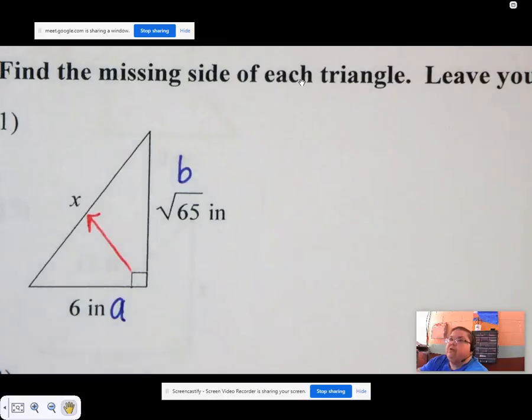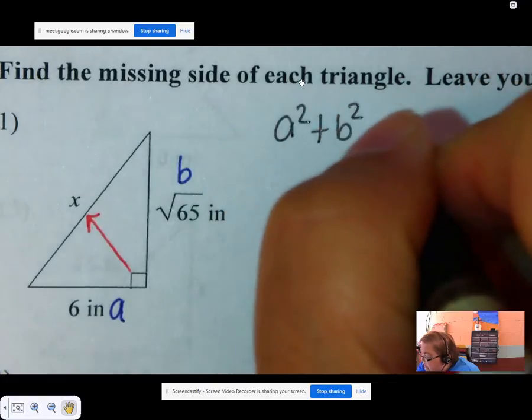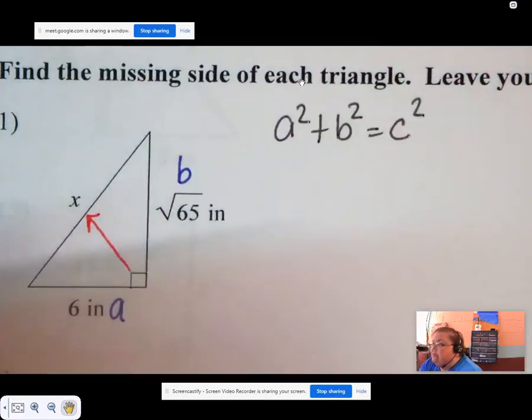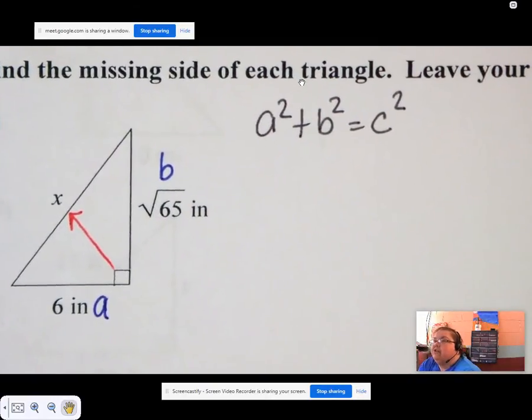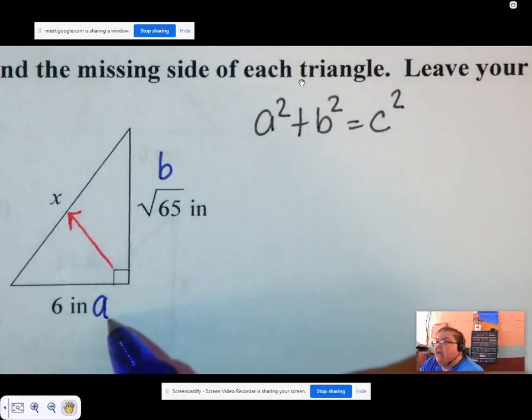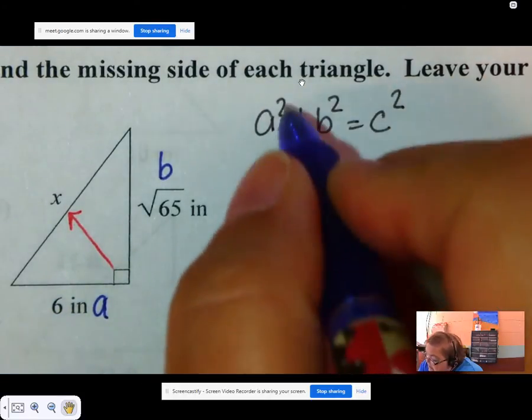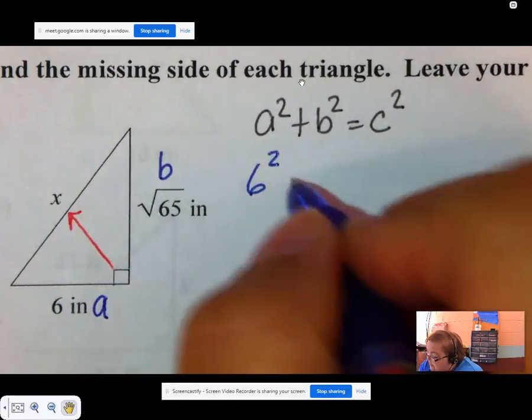And for the first one only, we are going to write the theorem again. A squared plus b squared equals c squared. Just because I want you to see exactly how this works. What is A in my case? 6. So it is 6, and the theorem says to square it.